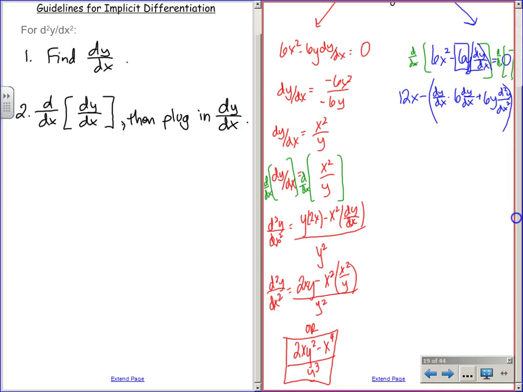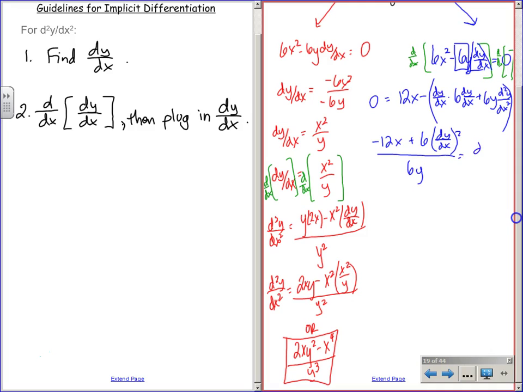Then you could have that equal to the derivative of 0. Does it work? Yeah, because then you would subtract the 12x, add the 6 dy dx squared all over 6y.